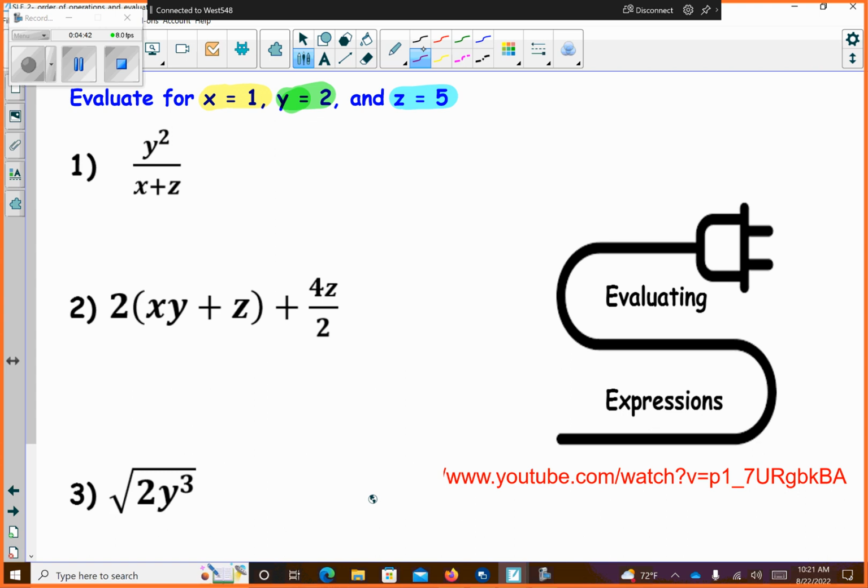So, we have y squared. So, what up above did we say y is equal to? 2. So, I get 2 squared over x, they said, is what? X is what? 1. Z is what?